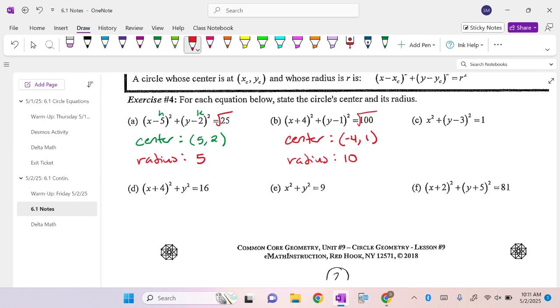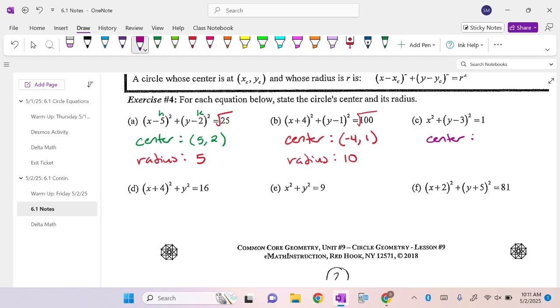All right. Someone new, tell me what the center is for letter C. Think carefully about it. I'm guessing that x squared is what's throwing you guys, right? We talked about this a little earlier. What do you think?